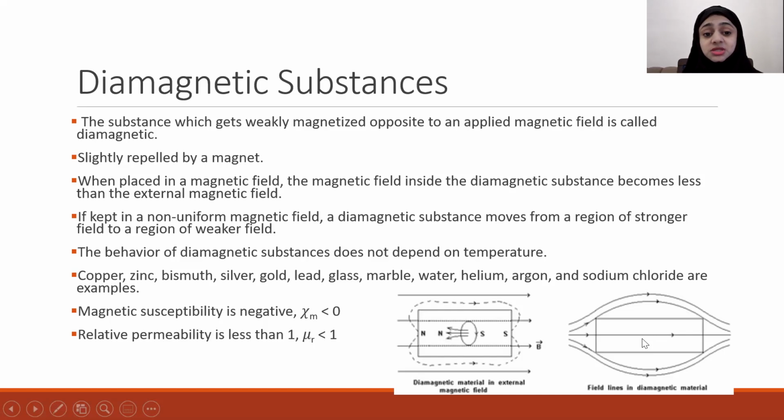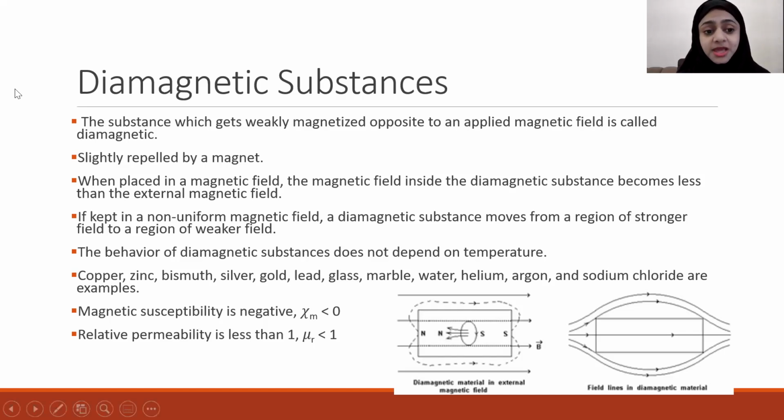So these are substances which get weakly magnetized opposite to the applied magnetic field, and they are slightly repelled by a magnet. Slightly repelled by a magnet means it is not evident unless the applied magnetic field is very large. If the applied magnetic field is very large, you can see the repulsion of diamagnetic substance. If it is weak, the repulsion is so little or negligible, it won't be evident.